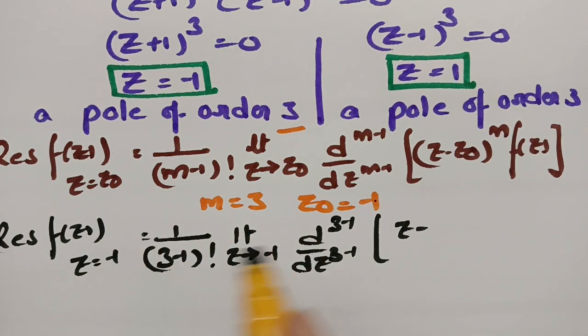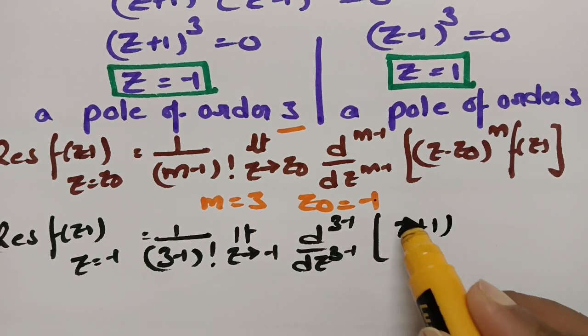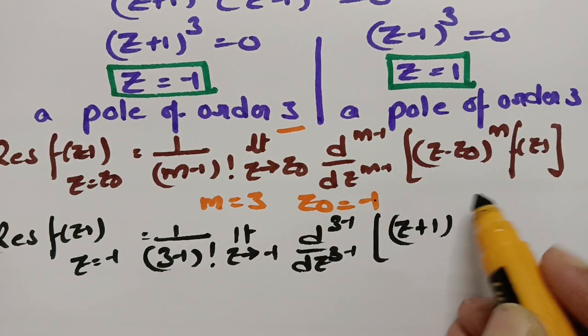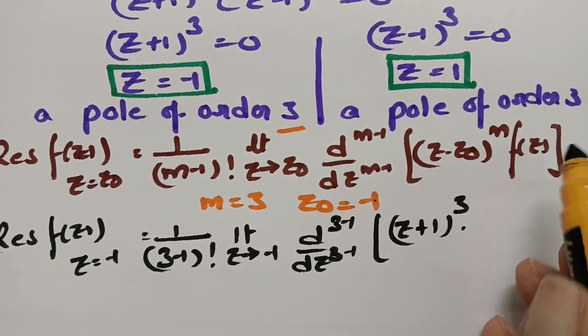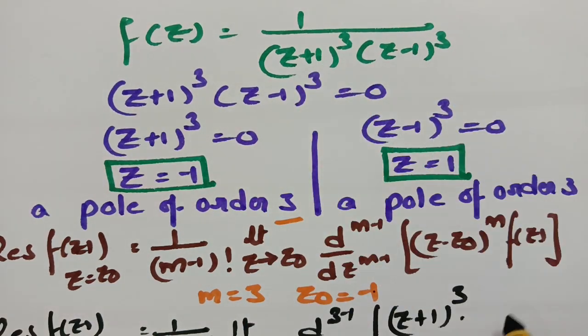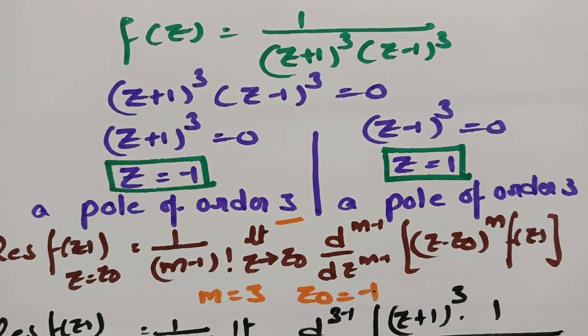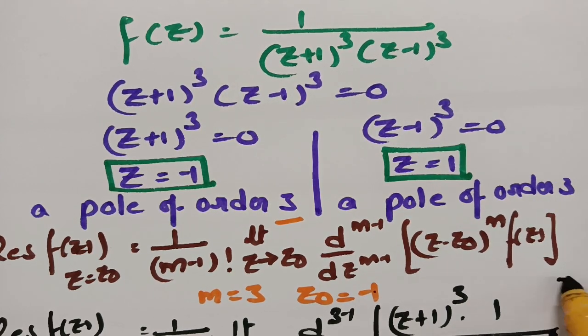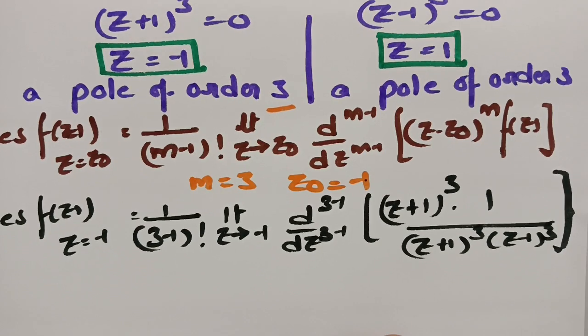Here z naught value is minus 1, so z minus of minus 1, that is z plus 1, power 3, into f of z. So what is our f of z value? F of z is nothing but 1 by (z plus 1) whole cube into (z minus 1) whole cube.